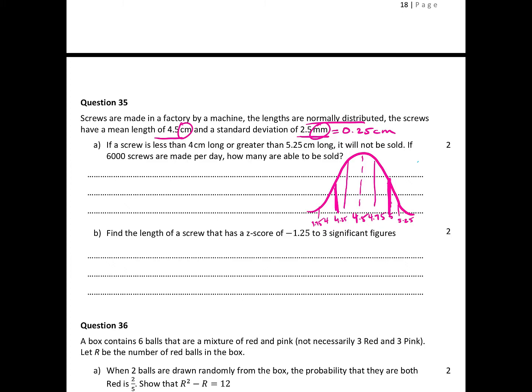Okay, so I do not want screws that are sold more than 5.25 or less than 4. So that means this side here is 2.5% of my scores, and over here it's 0.15% of my scores.